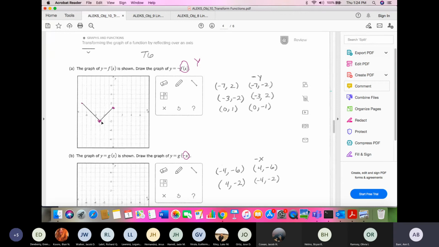A line segment here, one here. If it's a shared endpoint, you only have to list it once. So this endpoint right here, straight down to the x-axis, we get x equals -3. Straight over to the y-axis, we get y equals -2.